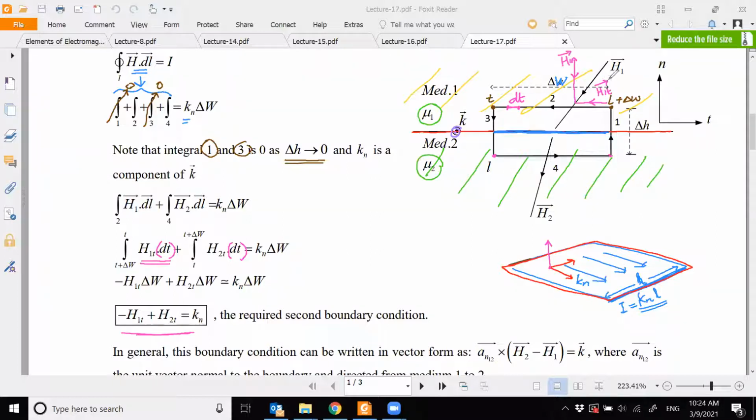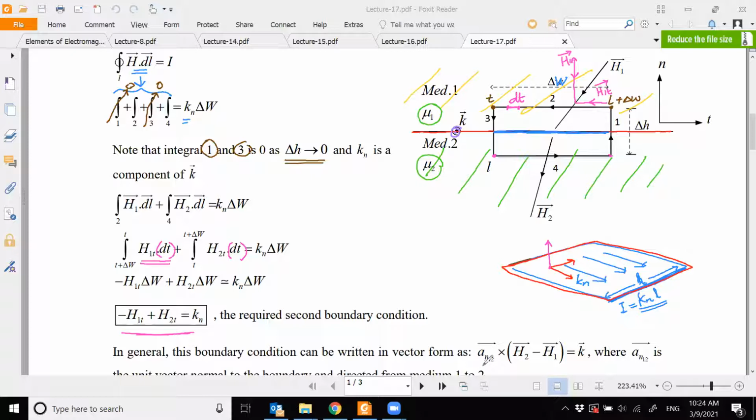So in this case, you are entering from medium 1 and leaving to medium 2. So it will be specific to this particular case. We do not want that. We want to generalize. And therefore, as we did for electrostatics, here also we generalize.